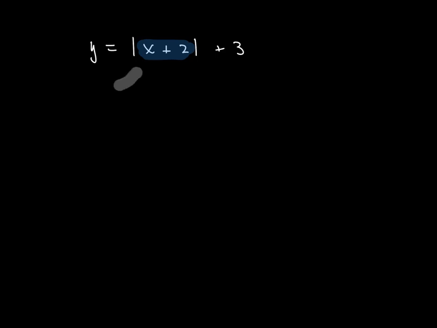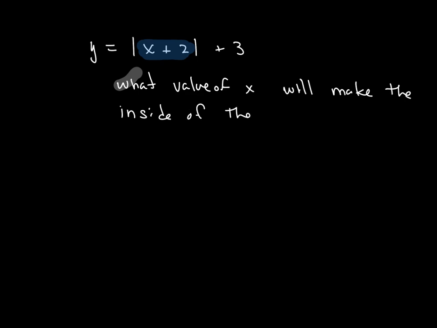What values of x will make the inside of the absolute value 0? In this case, it's always going to be the opposite of what the sign is.